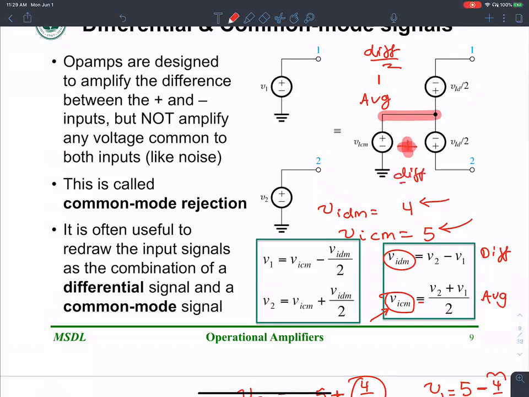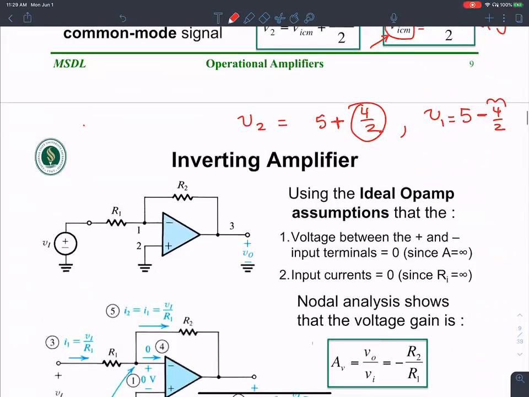So you take any two numbers, 10 and 20. You average them: 15. The difference is 10, so difference by 2 is 5. The average plus 5 is 20, and the other is average minus 5, 15 minus 5.